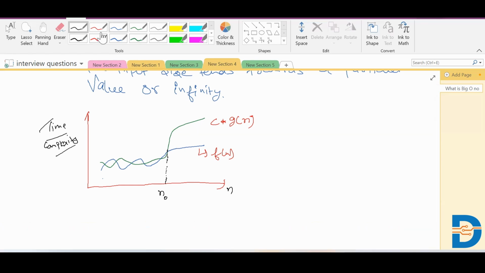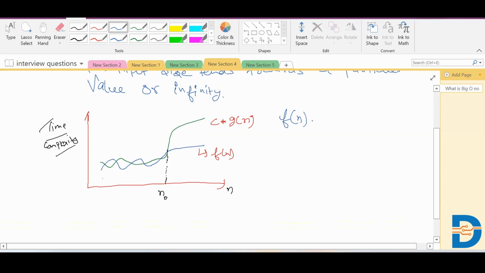In terms of notation, we write f of n is equal to Ordo of g of n. What is the meaning of this?